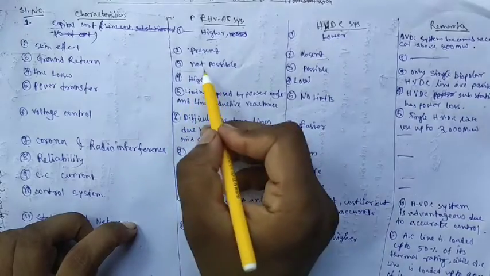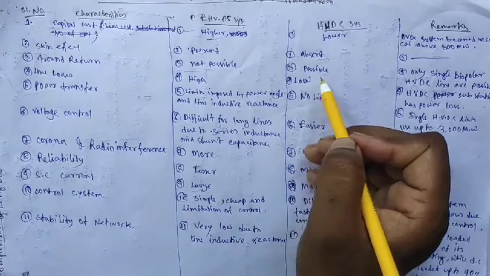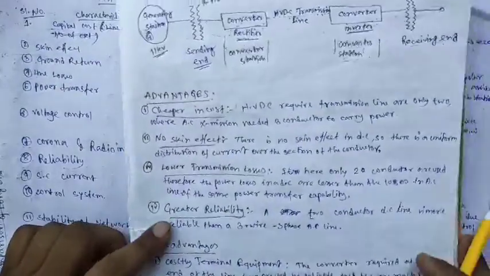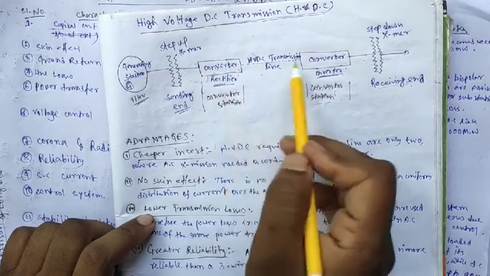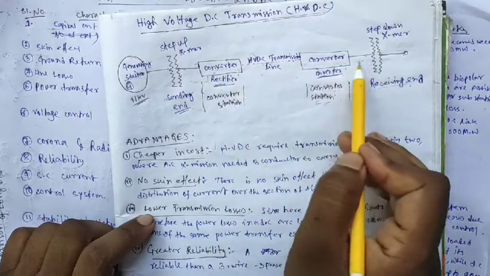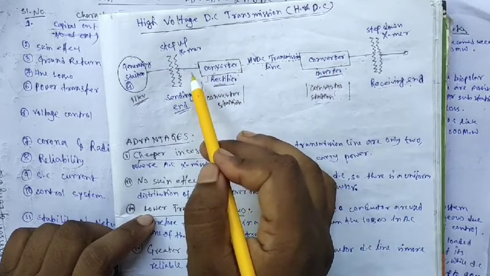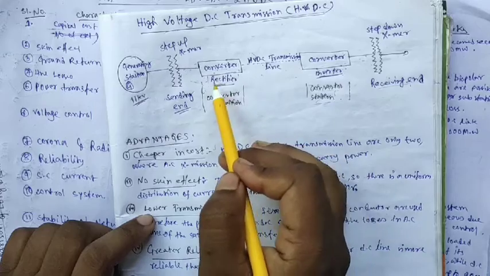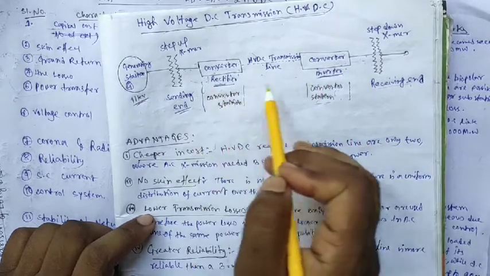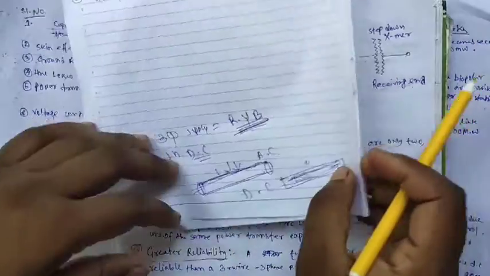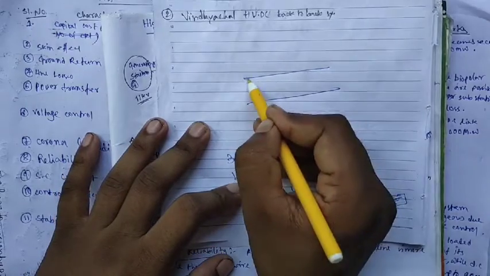Ground return is not possible in AC, but here it is possible. Ground return means the transmission line carries one conductor, and the other conductor, the negative, can return through the ground. But in an AC transmission line no ground return is possible, only an earth wire.